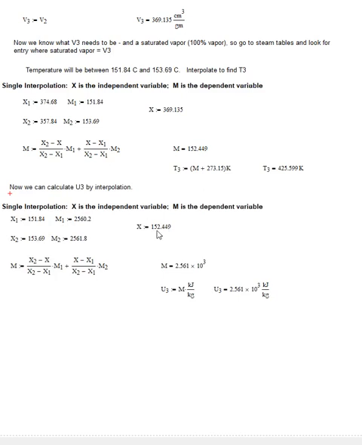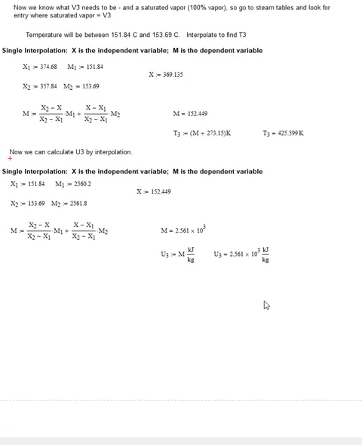And then if you read off the internal energies, at 151.84, the internal energy is 2560. At 153.69, the internal energy is 2561.8. We interpolate to find the internal energy at state 3, which is at 152.449, and we get a value of 2561 kilojoules per kilogram.